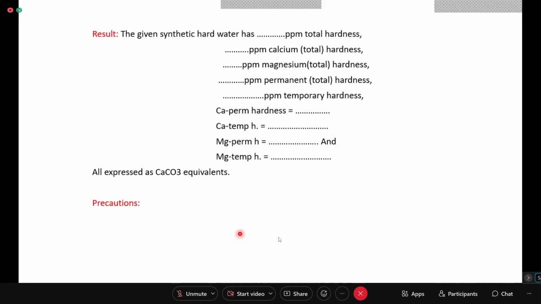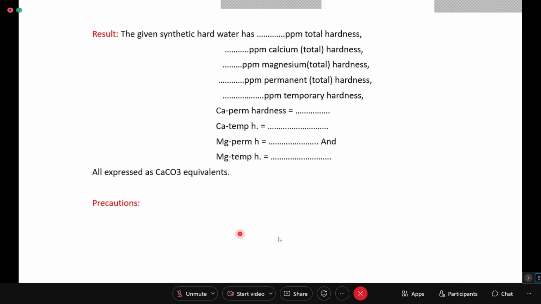Then in the second part, where calcium determination is there, the color change is not very prominent, and it's difficult to make out the color change. So always prepare 2 conical flasks. Every seat in the lab has two conical flasks, two beakers. So prepare two conical flasks with NaOH and indicator.